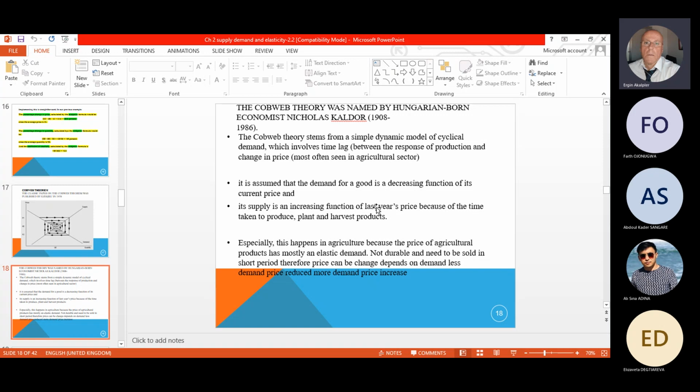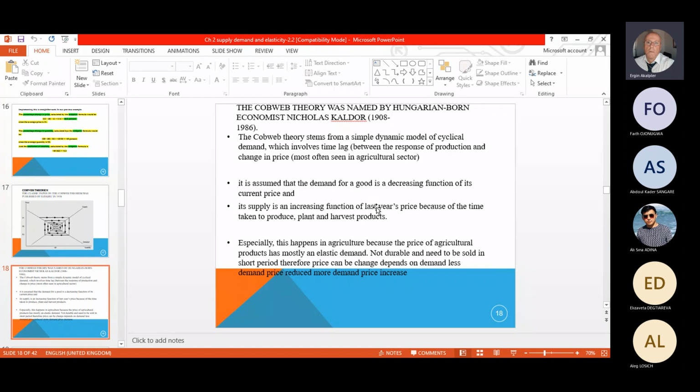It is assumed that the demand for a good is a decreasing function of its current price, as is normal, because this means the price in the market affects demand very heavily. And the supply is a function of the former year, because the former year's planting or harvest affects and changes the supply side.